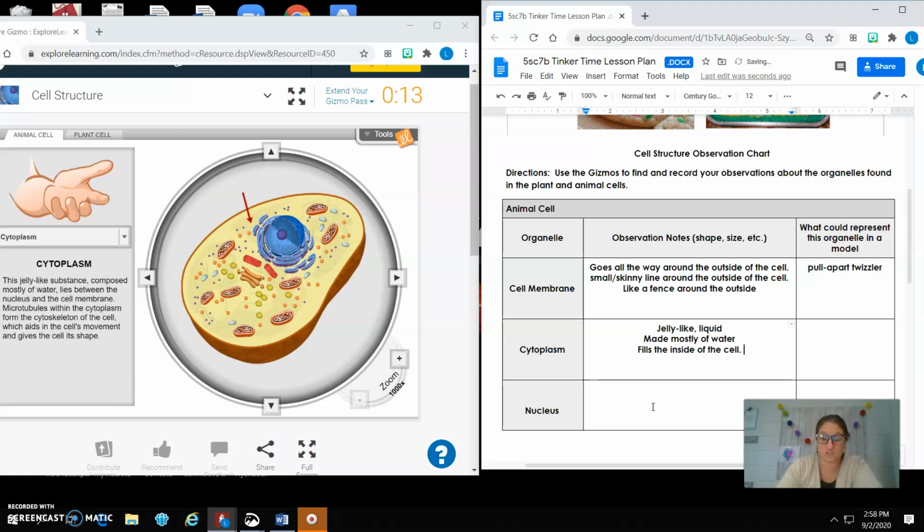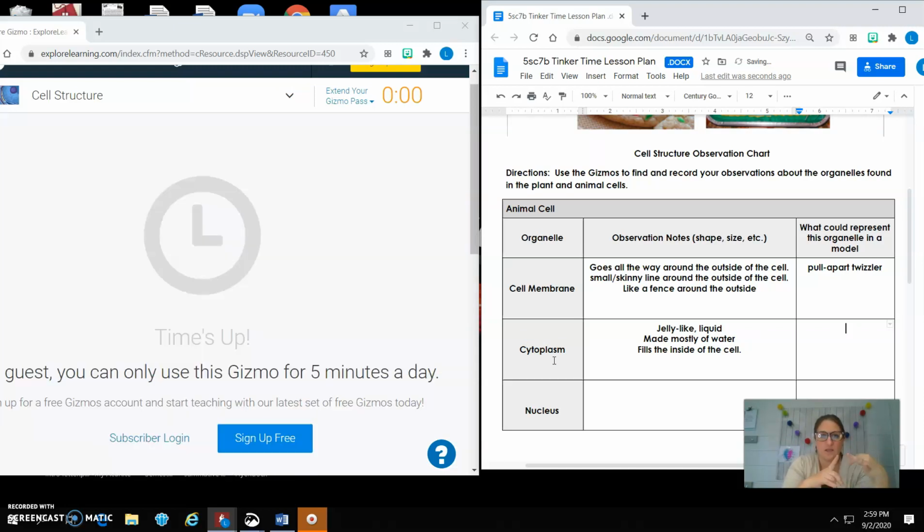So if I were to do the cookie idea, what could I use for the cytoplasm? Well, it's got to be kind of liquidy, kind of not like water, but thicker than water, kind of like Jell-O. And it needs to fill the inside of the cell.